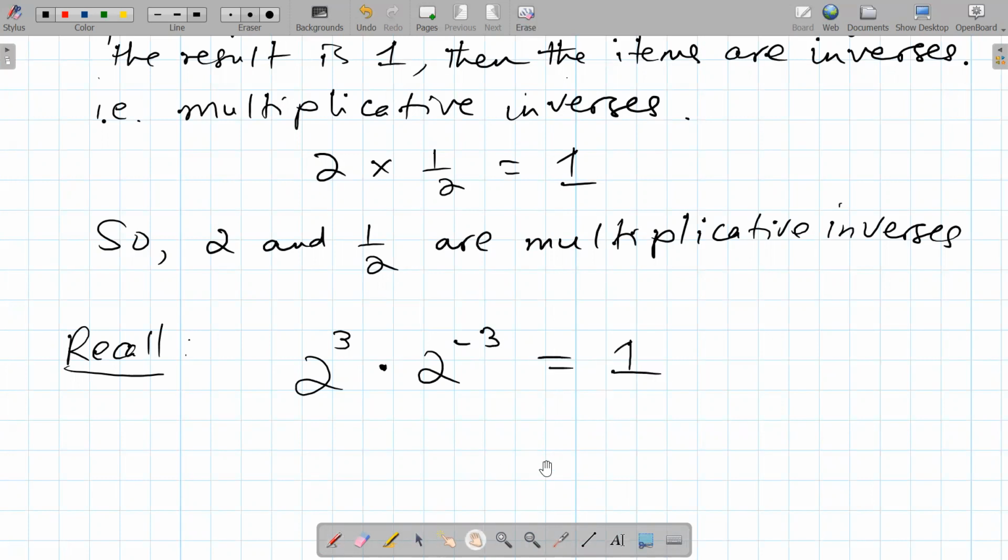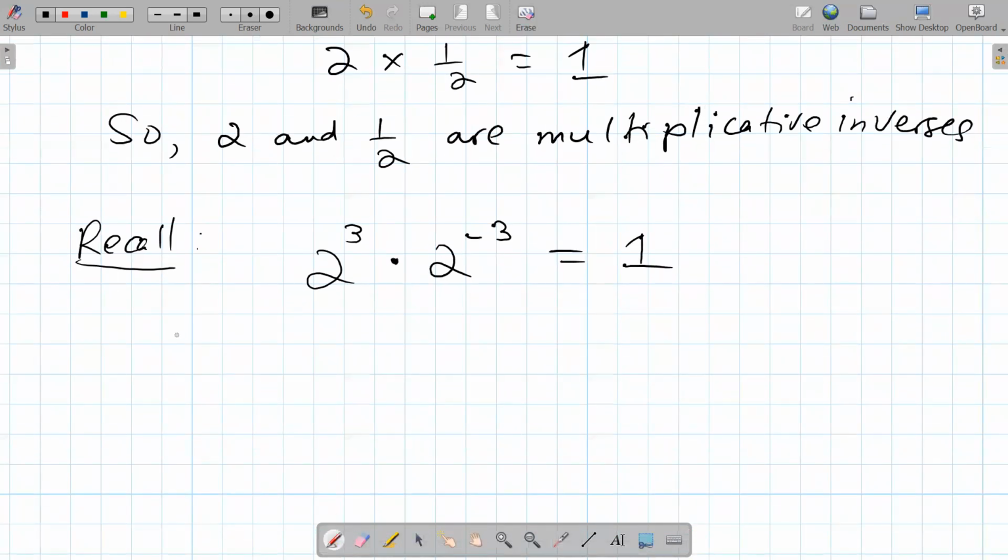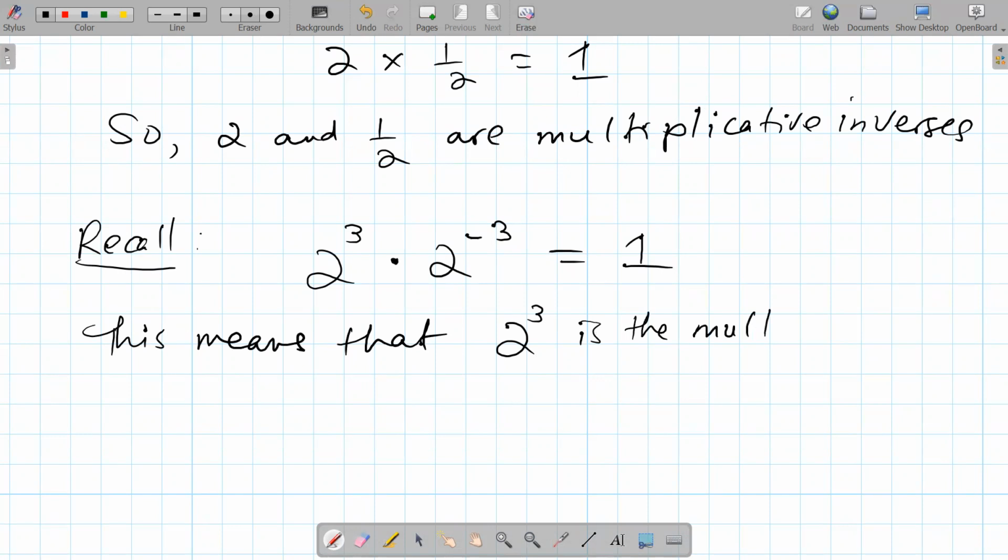So this means that 2 to the third is the multiplicative inverse of 2 to the negative 3, and vice versa.